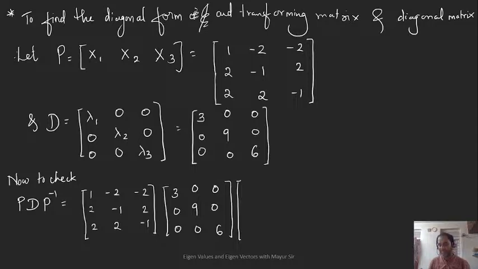Let me know what is the inverse you get. It must be coming 1/9 or something like that. Is it coming 1/9 as the first value?